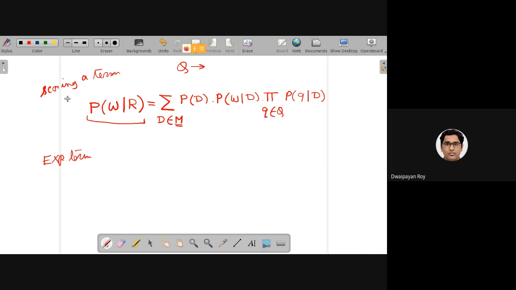Basically we will be computing this value for all W belonging to each D_i, where i equals 1 to M.